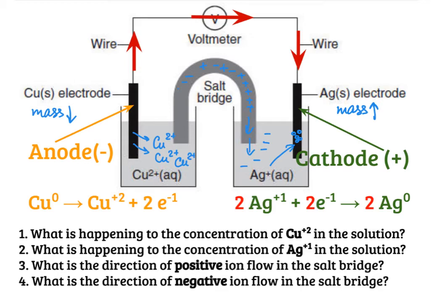So positively charged ions will flow towards this jar on the right, while our negatively charged ions will try to reach our solution on the left. Because of the increasing concentration of the copper ions here, there will be a buildup of positive charge, and that positive charge will be attracting negatively charged ions in the salt bridge.